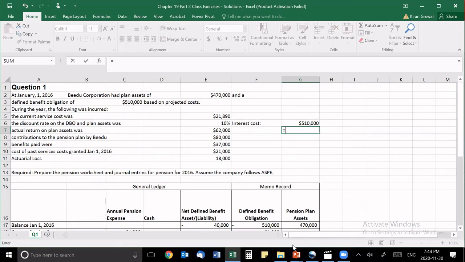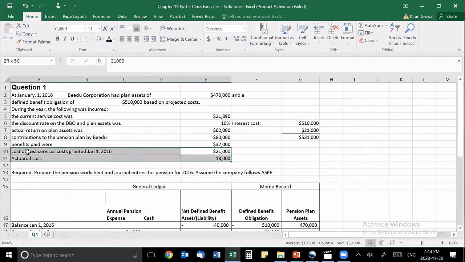We're not going to do it until we do our worksheet, but in order to calculate the interest cost, we want to do that. So we're going to add the opening balance of our DBO plus the cost of past service, only because it says the cost of past service was granted January 1st.